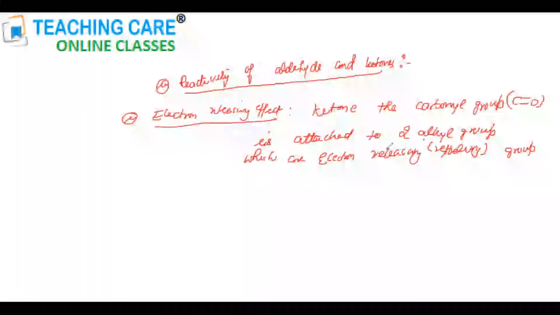So they push the electrons towards the carbonyl group, towards the oxygen. If you see, this is your ketone, this is the carbonyl group, and these are electron releasing groups.